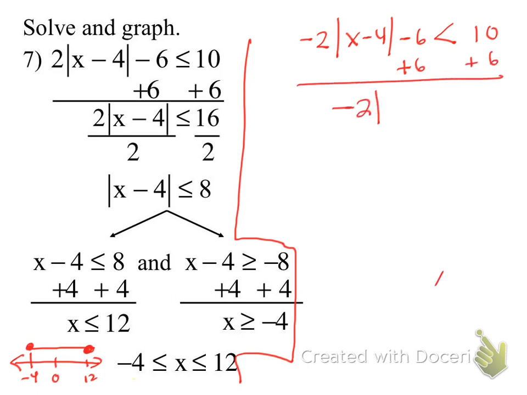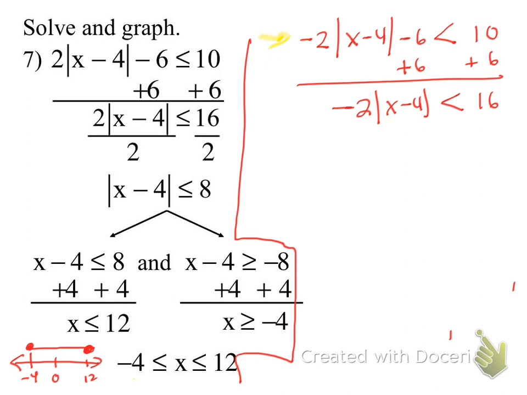Negative 2, absolute value, x minus 4. Now, if I look at the beginning right here, it looks like it's an and statement. It's an intersection. But once I isolate, what happens now, Kendall? What do I do next?